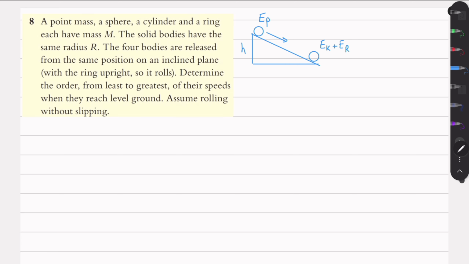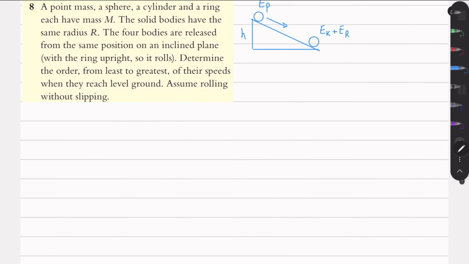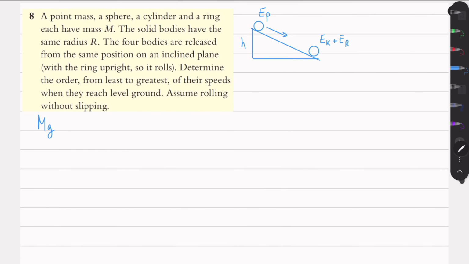So we can say that the initial potential energy, which is simply mgh, is equal to the final kinetic energy plus the final rotational kinetic energy. So what we can use now is the fact that the angular speed of an object rotating is equal to its velocity divided by its radius.